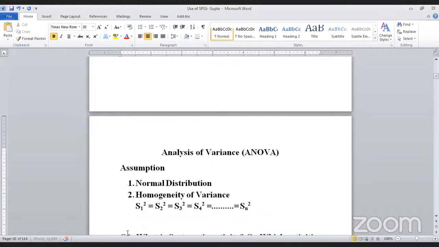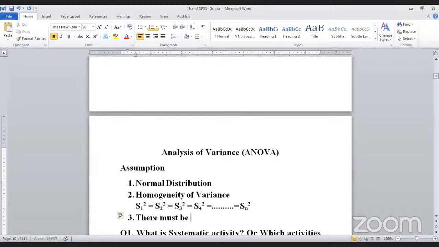So another is that there must be more than two independent groups.